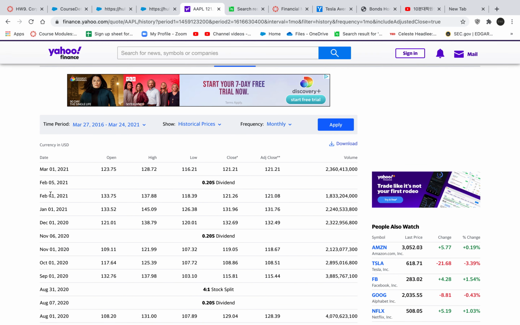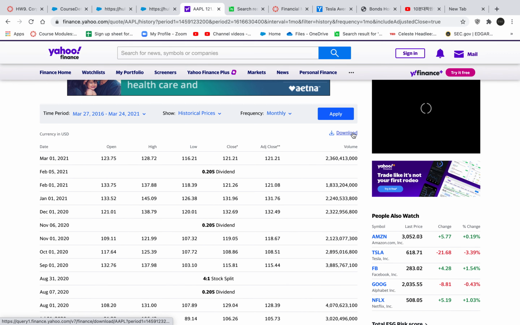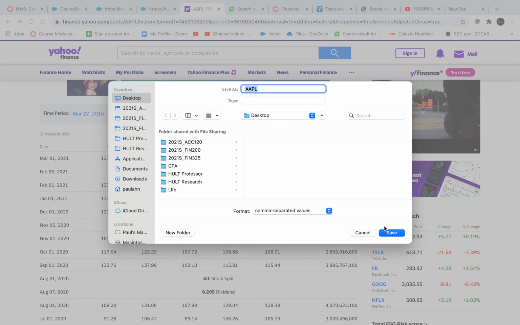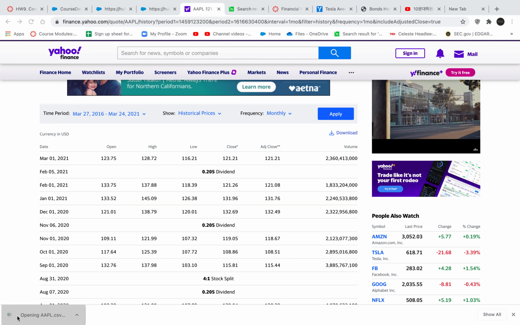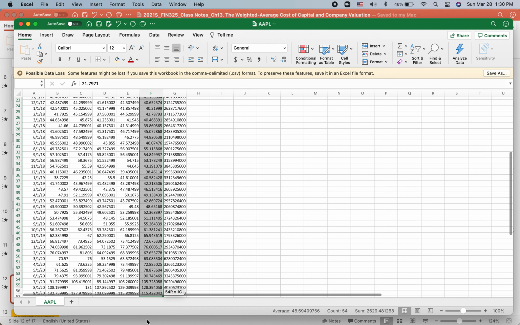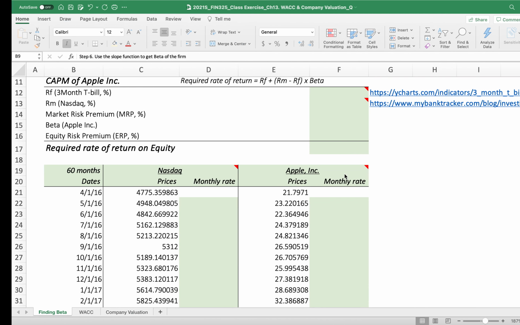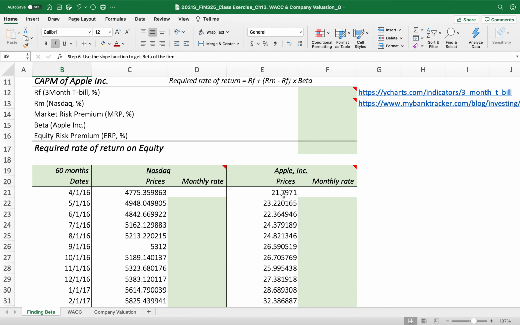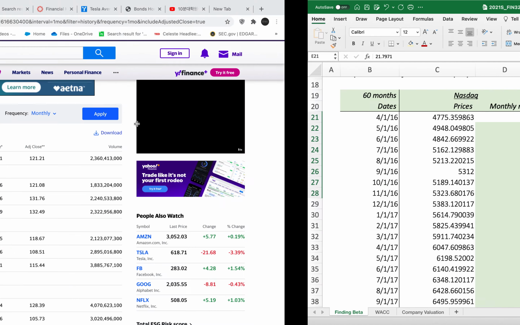Then we get the monthly stock prices. Then let's download. Then the Apple monthly stock price file is created like this, and you will use the adjusted closing prices for 60 months. Just copy and paste into our Excel exercise, and then we got all the Apple stock historical prices on a monthly basis.